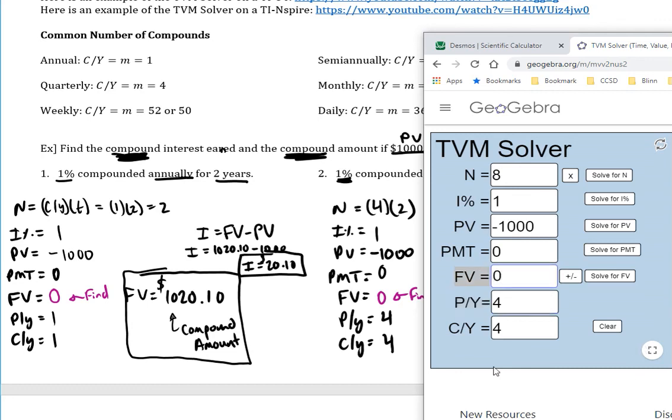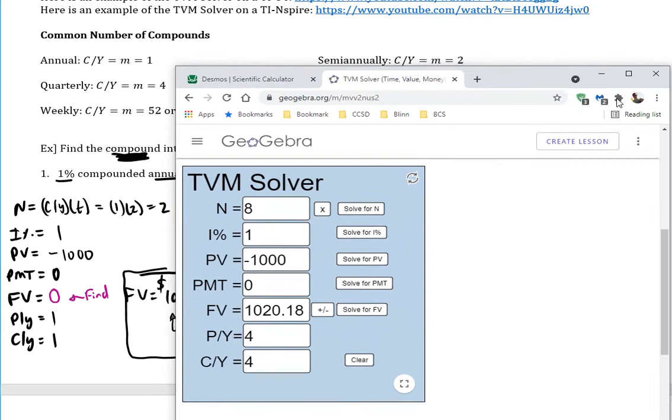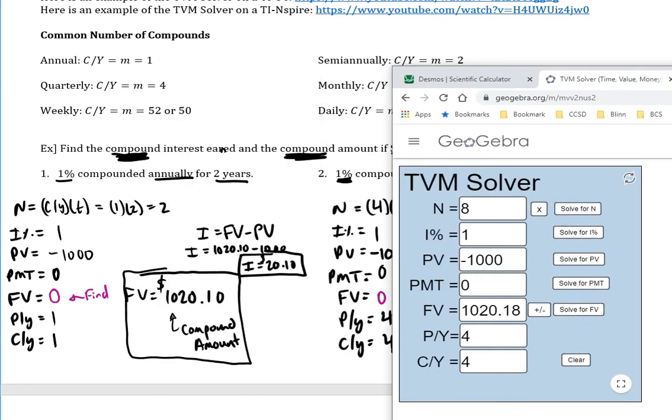Okay, now that it's all plugged in, I want to solve the future value. So I'll press solve. And there we go. This time around, we can see it's got an 8 there. So it looks like we made 8 more cents on this different type of compound.